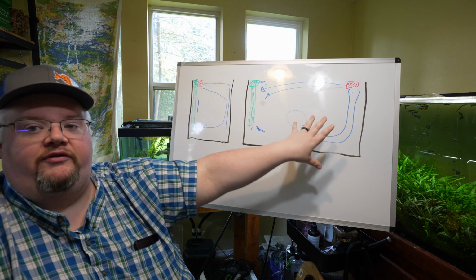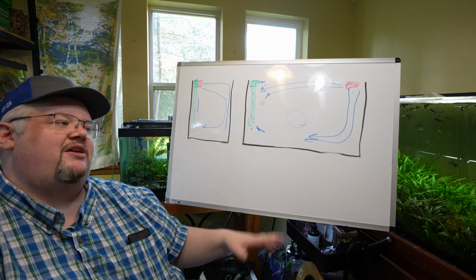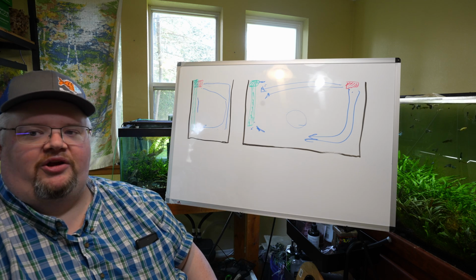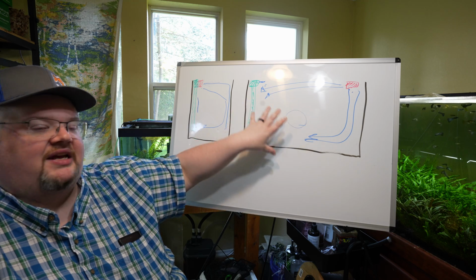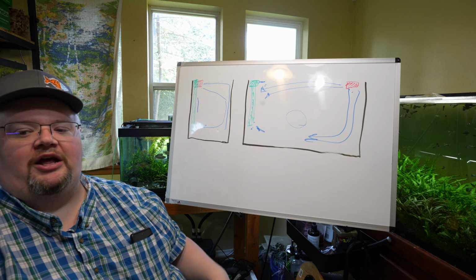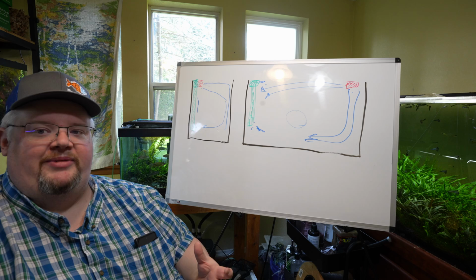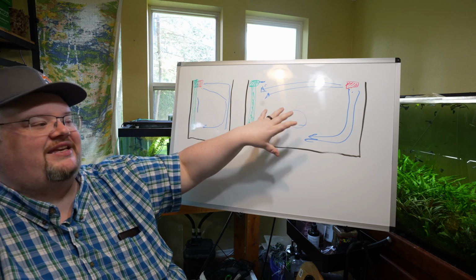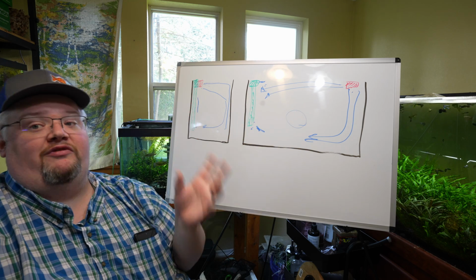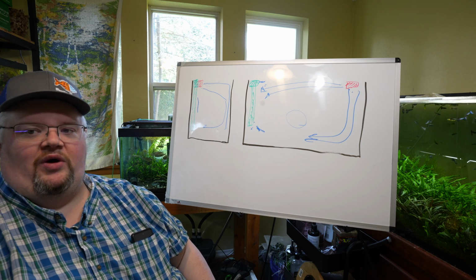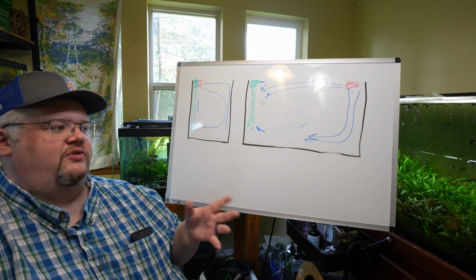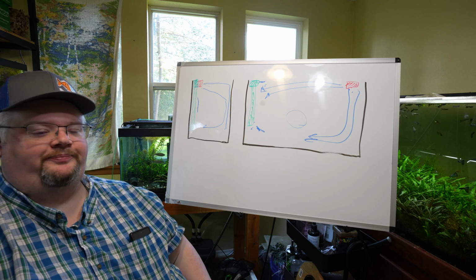So if you've got plants all over the place and you're worried that stuff's not getting down to some of your lower plants because of the way the flow is designed, these split sets of flow out of canister filters can help optimize that water movement and make sure that things are getting everywhere uniformly in the tank, rather than being focused in one area like some of the other versions that we've explored previously.